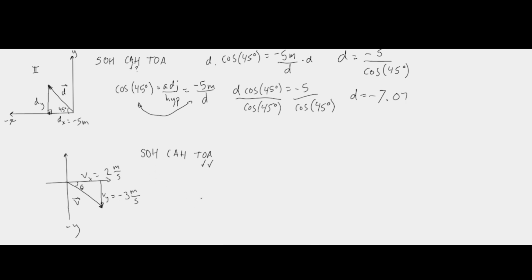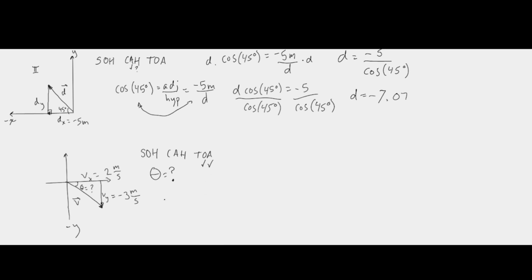So I'm wanting to find theta. Theta is what I'm looking for. So to find theta, I'm going to have to use an inverse trigonometric function. And I have all the information for the tangent function. So what I'm trying to do is solve for theta, okay? And I have my opposite side, I have my adjacent side, and that's all related to the tangent function.